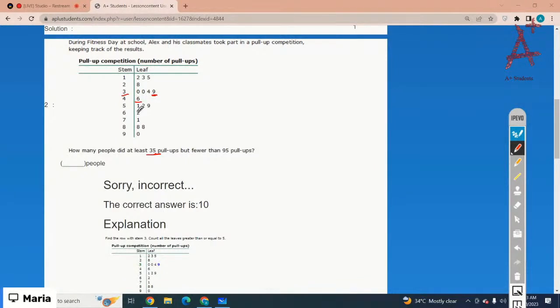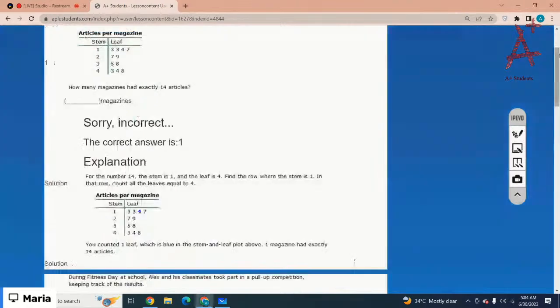So 46, 51, 52, 59, 62, 71, 98, 88, 88, and 90. Got it? So you have to just count them all. 1, 2, 3, 4, 5, 6, 7, 8, 9, 10. You have 10 people who did at least 35 pull-ups and fewer than 95 pull-ups. So the correct option is 10.